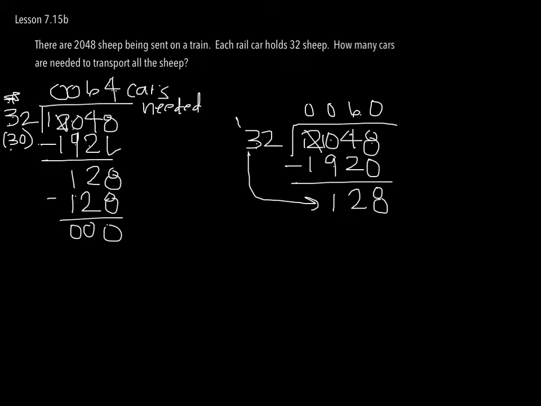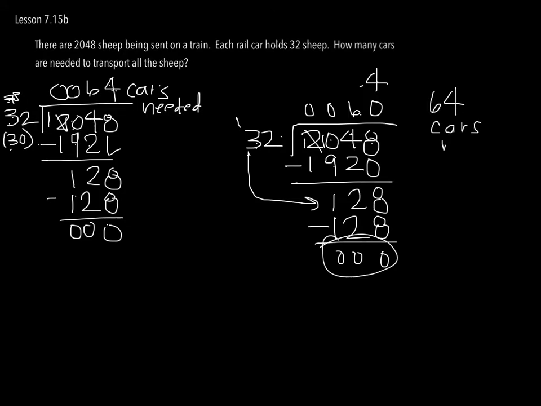So our answer is 4. We multiply that. 4 times 2 is 8. 4 times 3 is 12. Answer on bottom. Subtract. 0, 0, 0. We've terminated the number, so our answer is 64 cars needed.